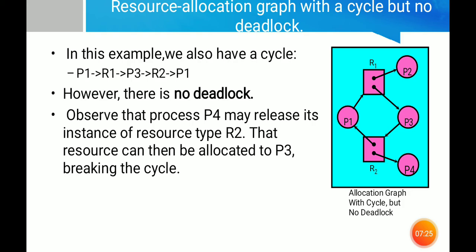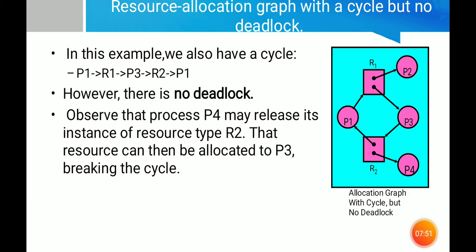And I told you that when there is a cycle, there may or may not be a deadlock. In the previous example, there was a cycle and there was a deadlock. Now, in this example, there is no deadlock because we can see that P4 is holding R2, but it is not waiting for any other resources.